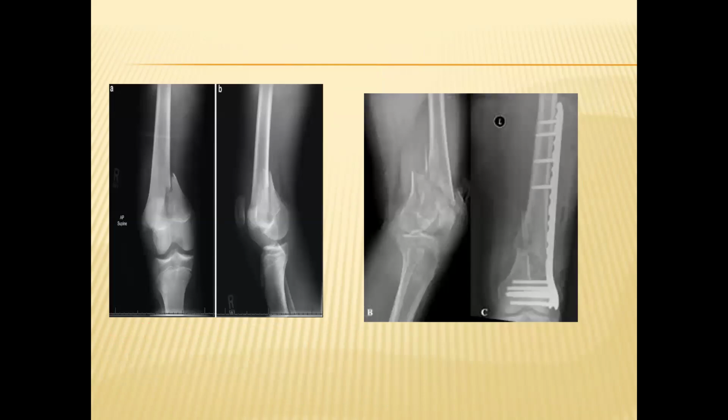Type 2, when there is an oblique fracture but partially displaced. And type 2B, when it is comminuted. This one is displaced and comminuted. Type 3 depends upon the involvement of the epicondyles.